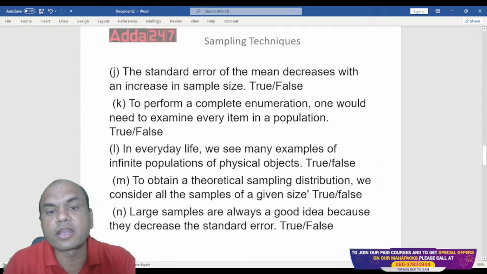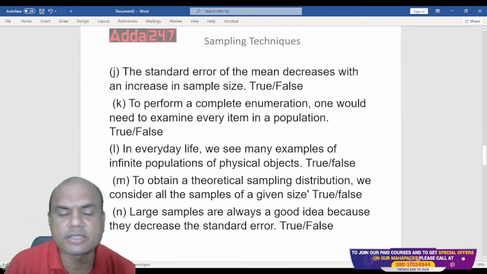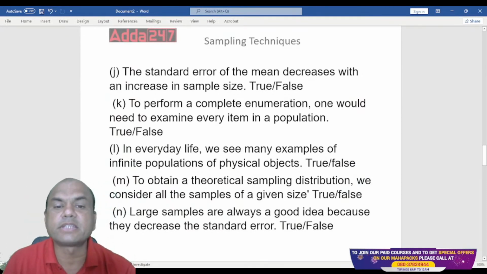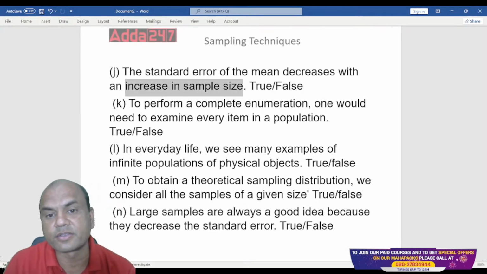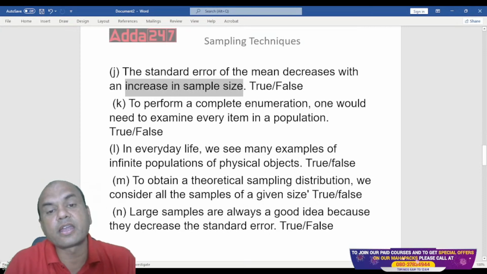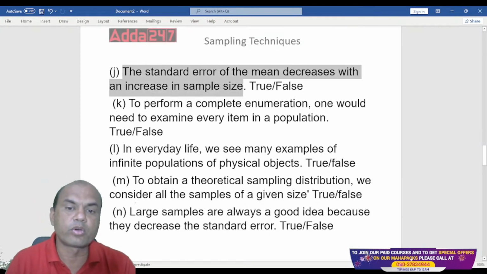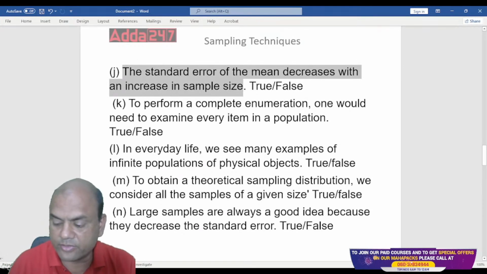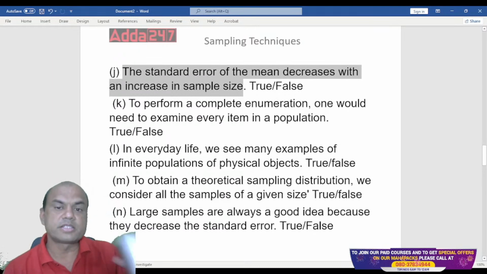The standard error of the mean decreases with an increase in the sample size. As I go on increasing the sample size, will the standard error decrease or increase? True or false? Type fast in the comment section, everyone.